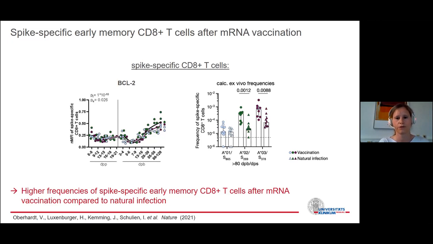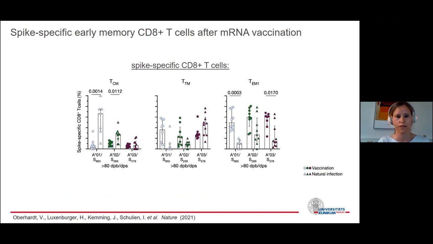And we could realize that the frequencies of spike-specific CD8 T cells were higher after mRNA vaccination compared to natural infection. And of course, based on this finding, we wondered whether also the quality of the spike-specific CD8 T cell memory is different after mRNA vaccination compared to natural infection.